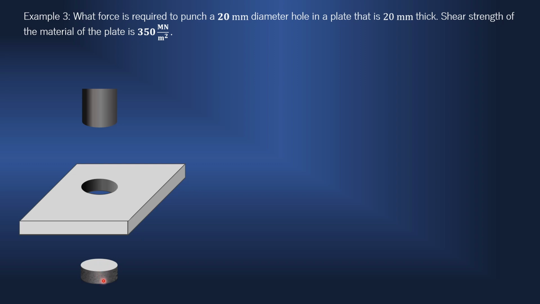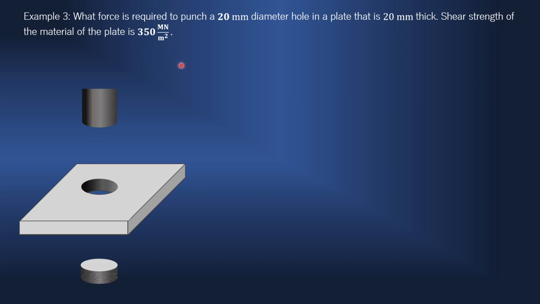So simple logic. When you want to make this hole, you should create the stress that will actually break the plate along this surface. So we should create this stress on this cylindrical surface. We should create this much stress.